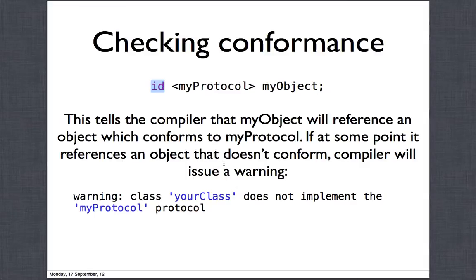And if at some point I'm assigning some other object to this variable, one that doesn't conform to my protocol, the compiler will issue a warning. So this is just getting help from the compiler. If I know that I'm going to use only objects that should conform to this protocol, I might say this, and if I made a mistake and assigned another class that doesn't conform, I'm going to be warned by the compiler at compile time.